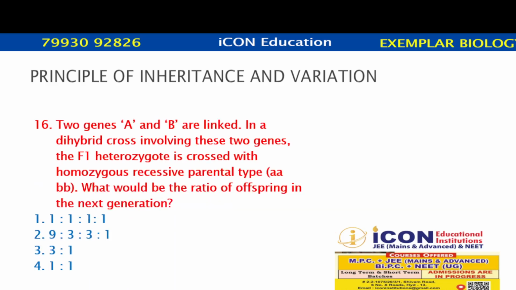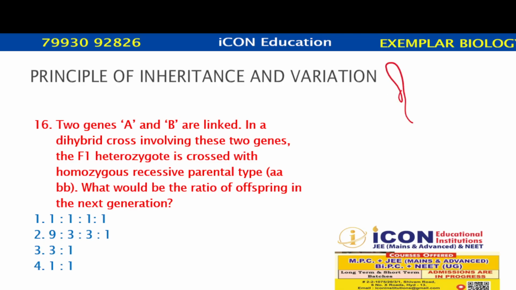Two genes A and B are linked. In a dihybrid cross involving these two genes, the F1 heterozygote is crossed with homozygous recessive parental type, small a, small b. What would be the ratio of offspring in the next generation?